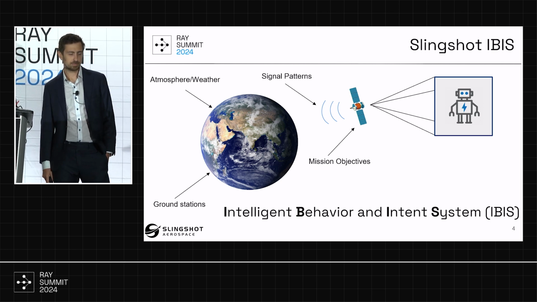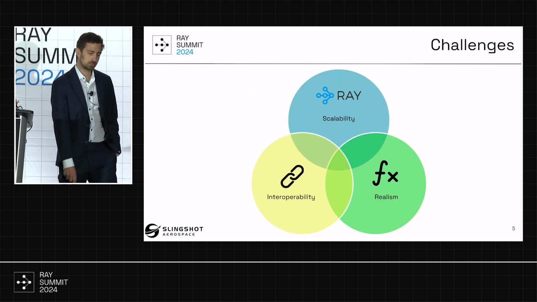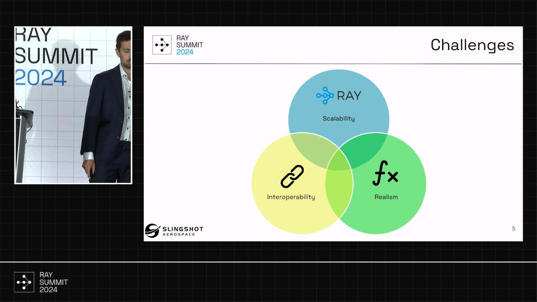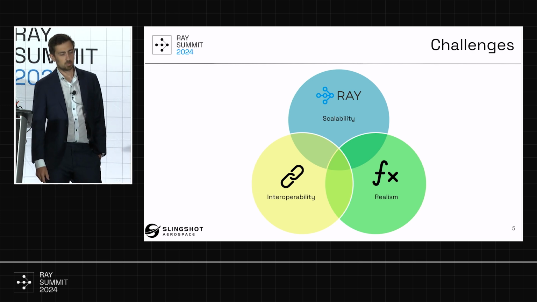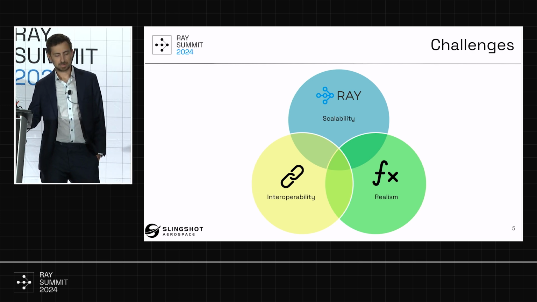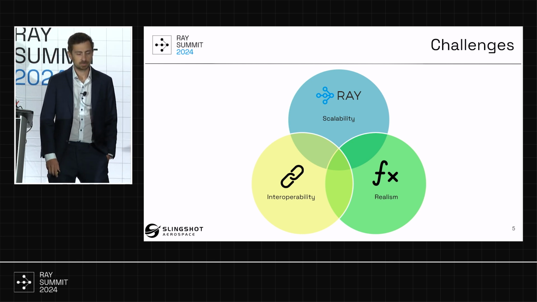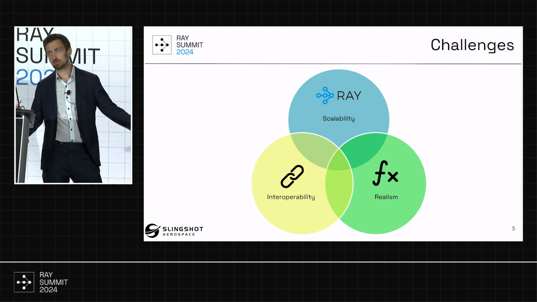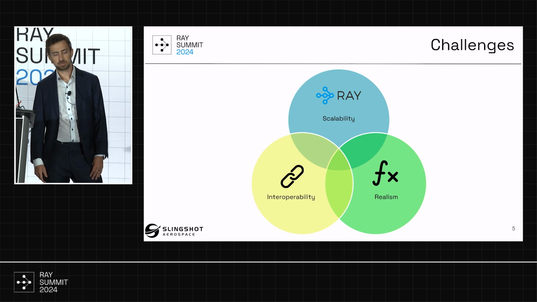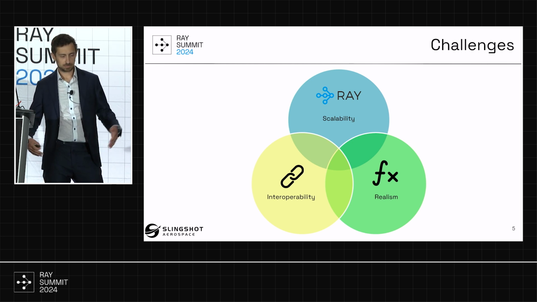So in building this system, there are a few challenges that we want to overcome. One is we need to use simulated data. Currently our RL agents are designed to exist within a physics simulation.